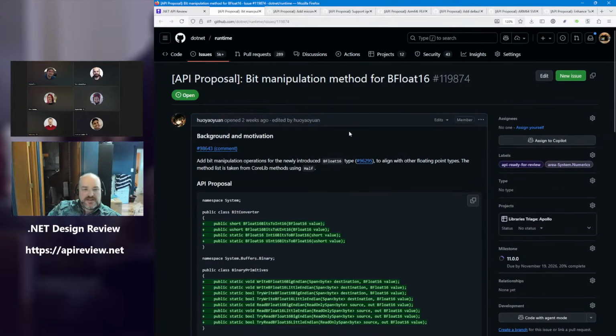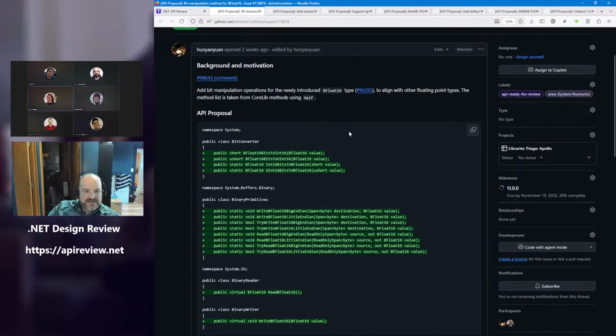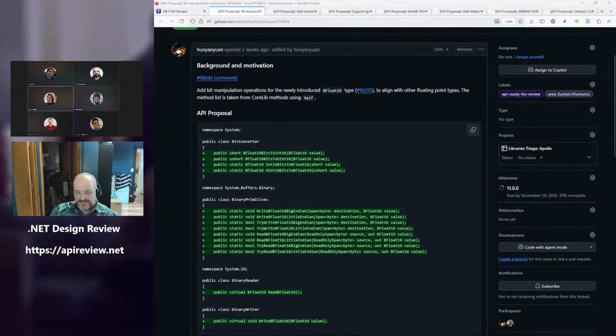All right. Bit manipulation method for bfloat16, .NET runtime 119874. Yeah, so we approved bfloat16, which is a data type that primarily exists for machine learning. It's basically a float, System.Single, but only taking the upper 16 bits.